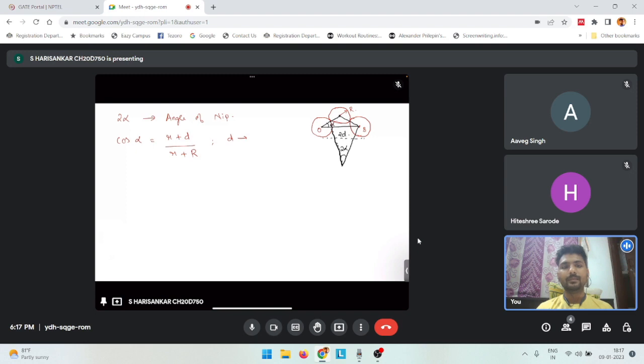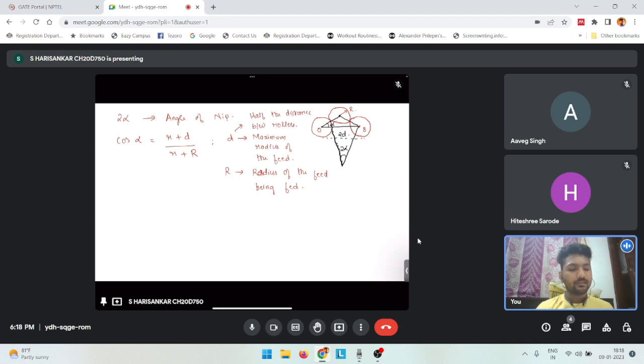That means D is half the distance between the two rollers, and it is the maximum radius of the feed.